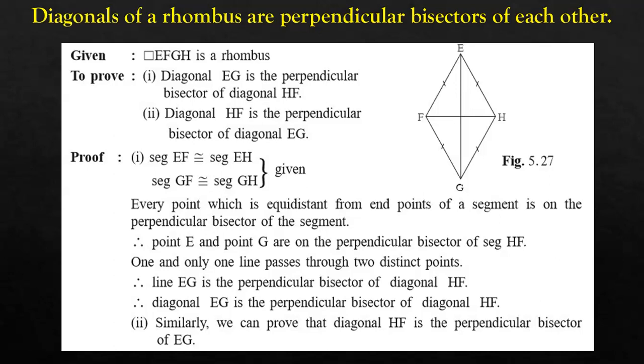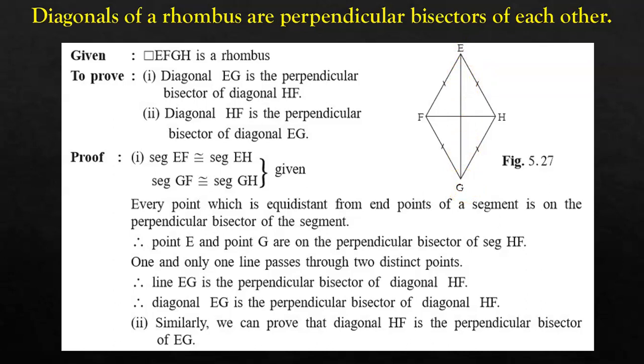The next property is of a rhombus. Diagonals of a rhombus are perpendicular bisectors of each other. So we have quadrilateral EFGH as a rhombus. We have to prove that diagonal EG is perpendicular bisector of diagonal HF, and diagonal HF is perpendicular bisector of diagonal EG.